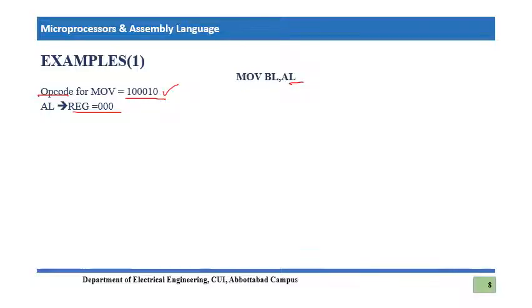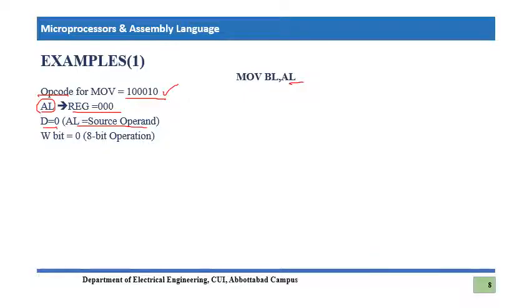Since AL is a source register, D will be equal to 0. Remember what we discussed: whenever the reg field is encoding a source register, since AL is the source operand, D will be equal to 0. One thing more, the W bit will be equal to 0 because AL is just an 8-bit register. If it was AX, it would become 1, but this time it is just 8 bits, so the W bit will be equal to 0.